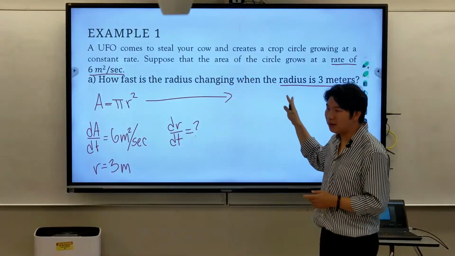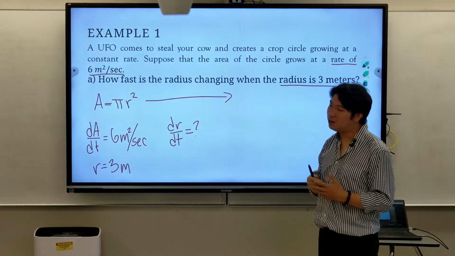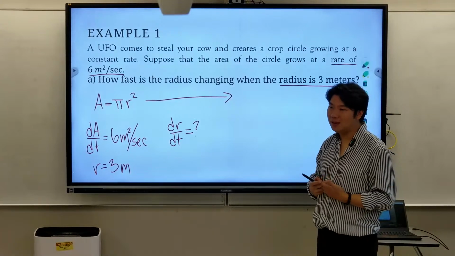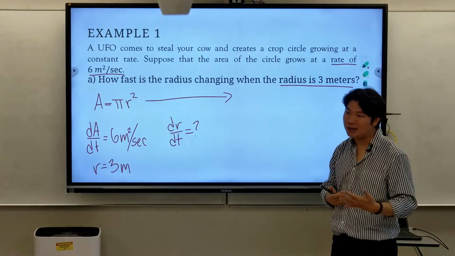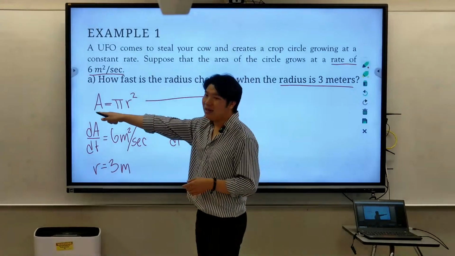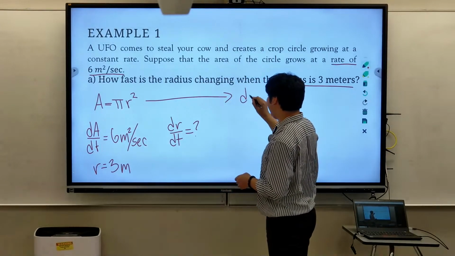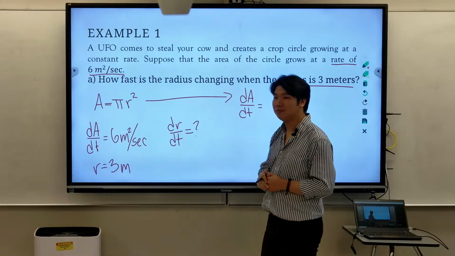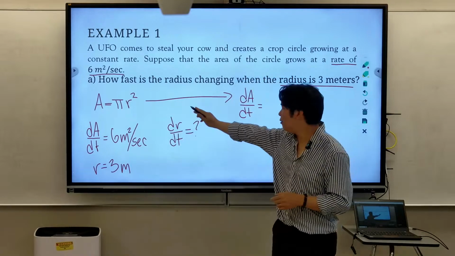We're not even talking about the context of the problem. If I told you what is dy dx, you tell me that's a derivative of y, right? Well, dA dt is just the derivative of area. So the derivative of A with respect to time would just be dA dt.